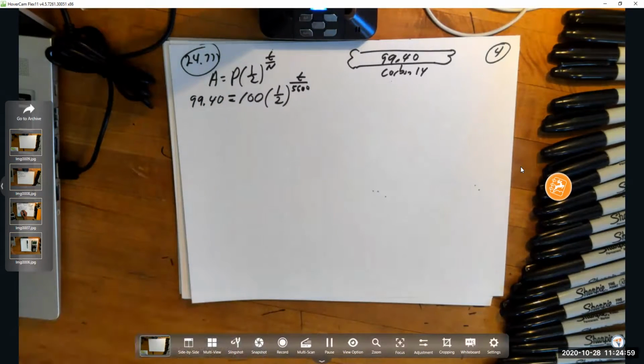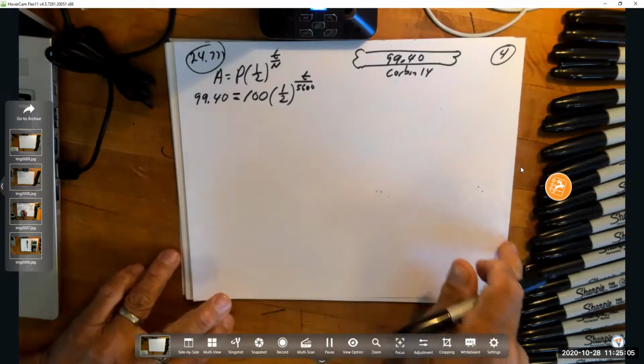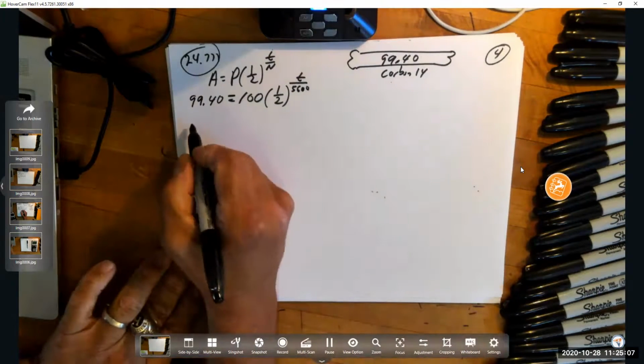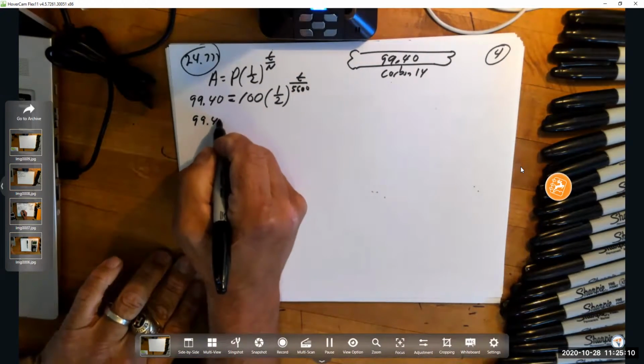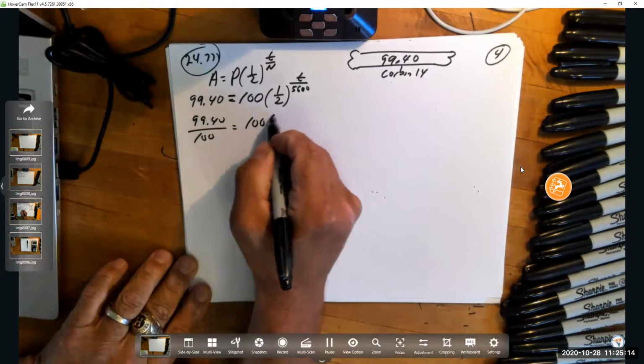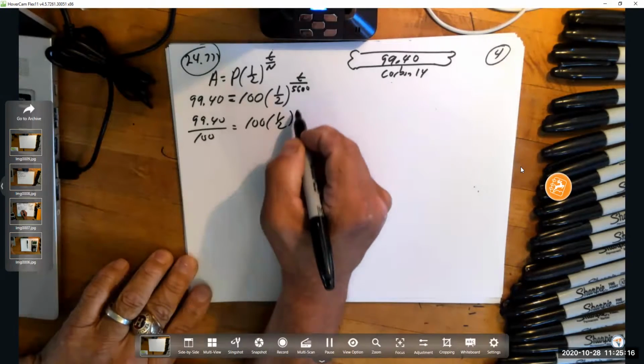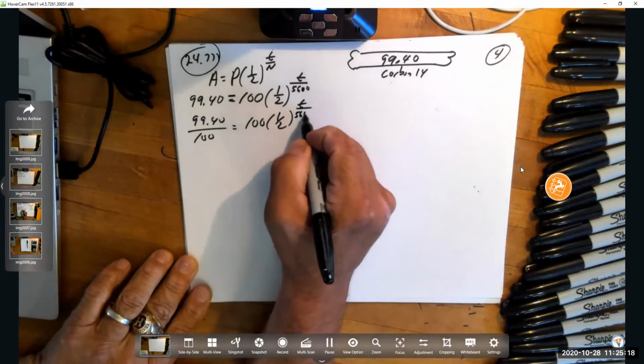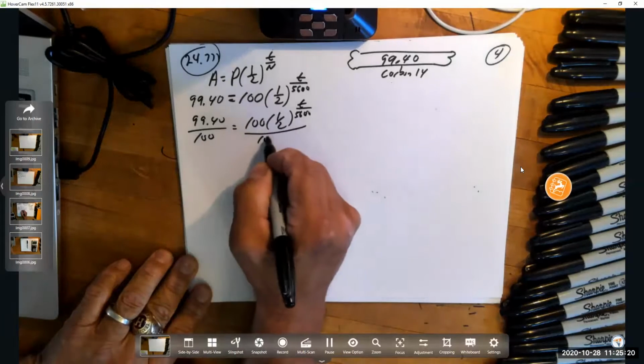So now from this, you're going to start working it out. I'll just tell you the first step. Divide both sides by 100. So the 99.40 divided by 100, and this one divided by 100, like this. All right, these are gone.